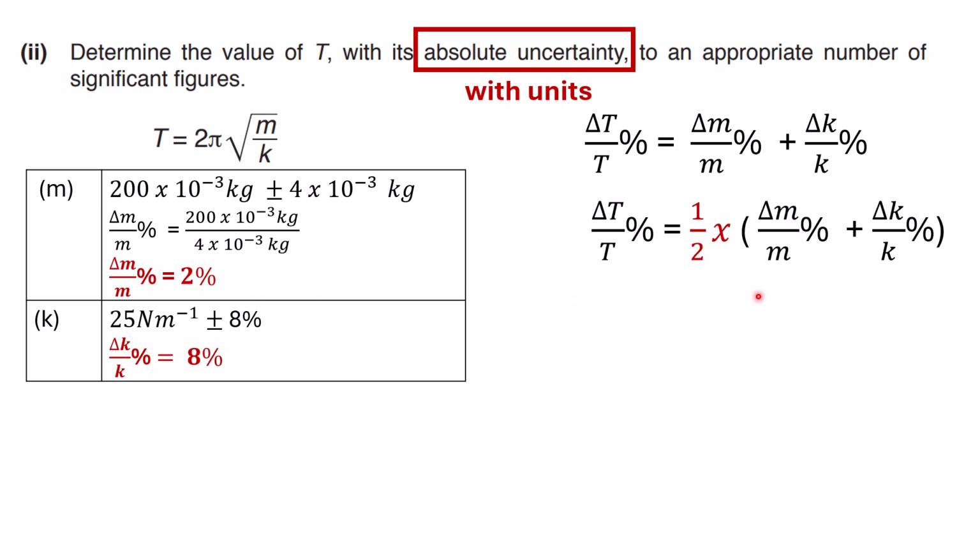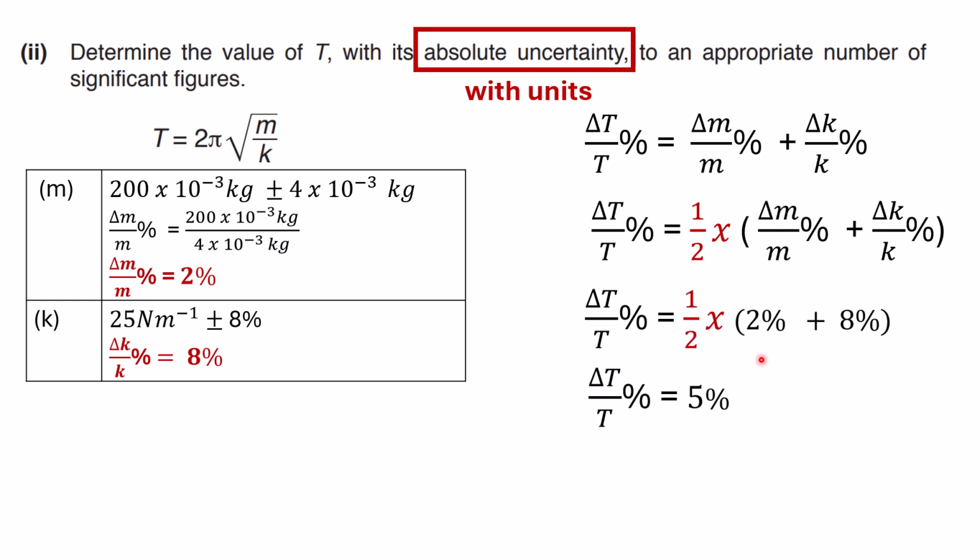Now we are going to look at what's going on here. You see that we have a square root. If you remove this square root, this fraction m over k is raised to the power of one half. So we need to multiply the percentage uncertainties of the variables in this formula by this half.